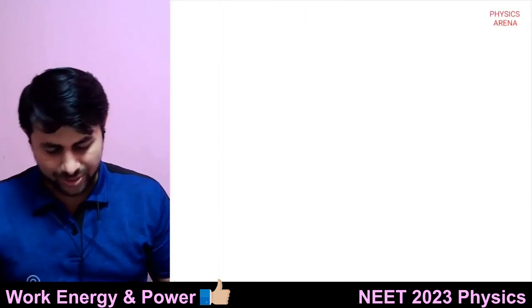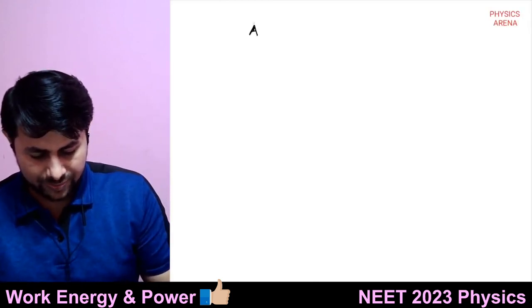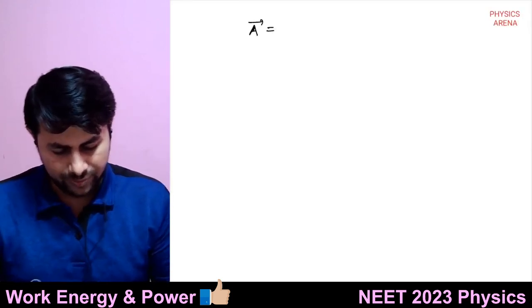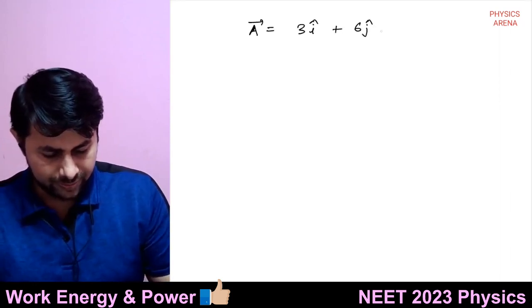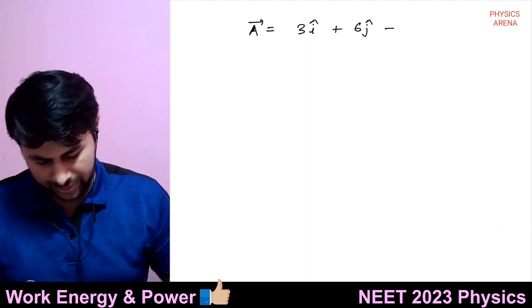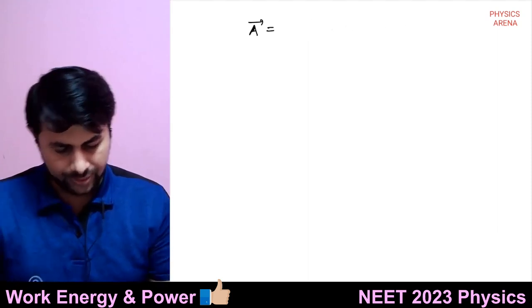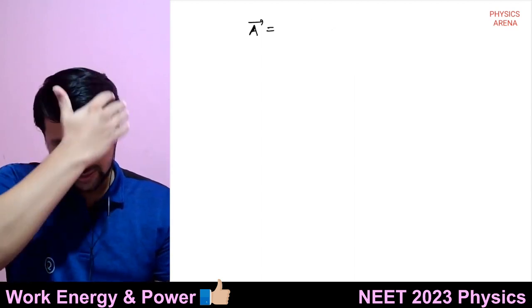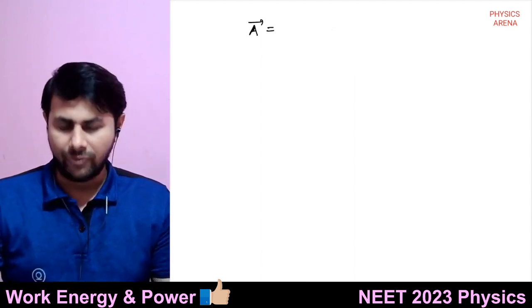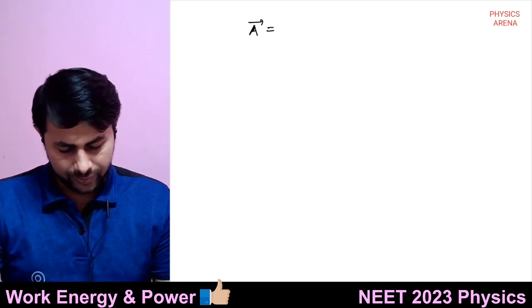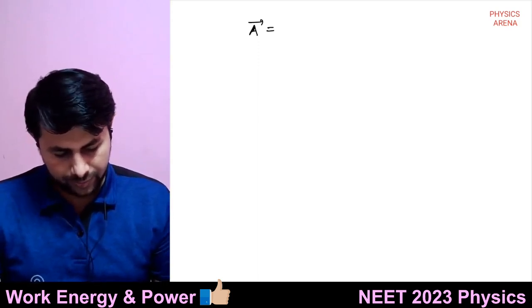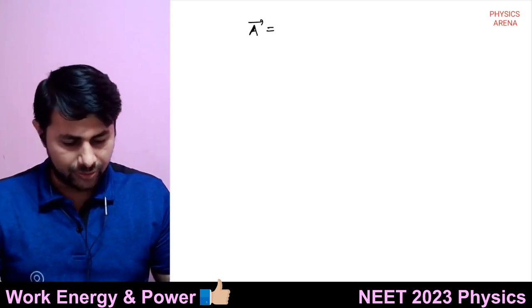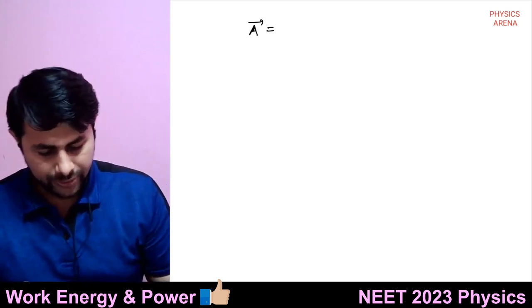Let's suppose we have vectors a bar. Actually, I will have to pick the vectors whose cos of angle we know. Yeah, we can do that.